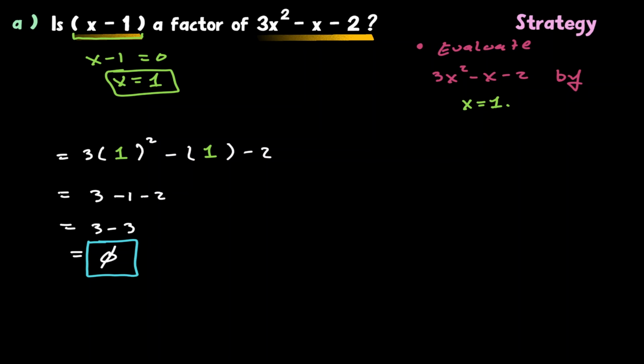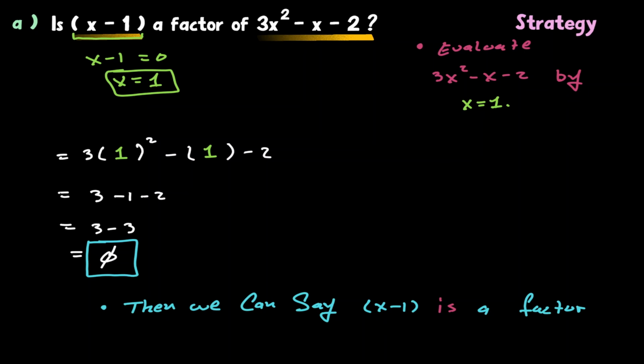Because after this evaluation we obtain a value of 0, we can say that x minus 1 is a factor of the expression that we tested on, 3x squared minus x minus 2.